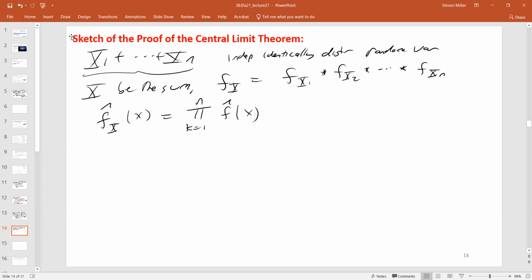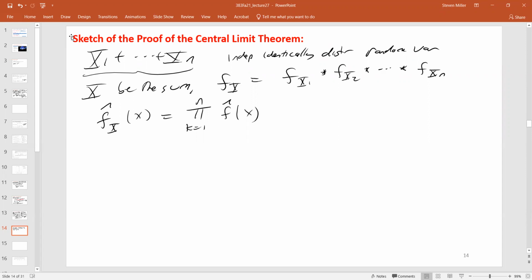And then the hope is to show that this converges to the standard normal's moment generating function, or characteristic function. And the idea is, if the characteristic function is converging to the characteristic function of the normal, then the density, which we're taking the Fourier transform of, must be converging to the density of the normal. Else, how could the characteristic function converge? So we then need to just do an inverse Fourier transform.